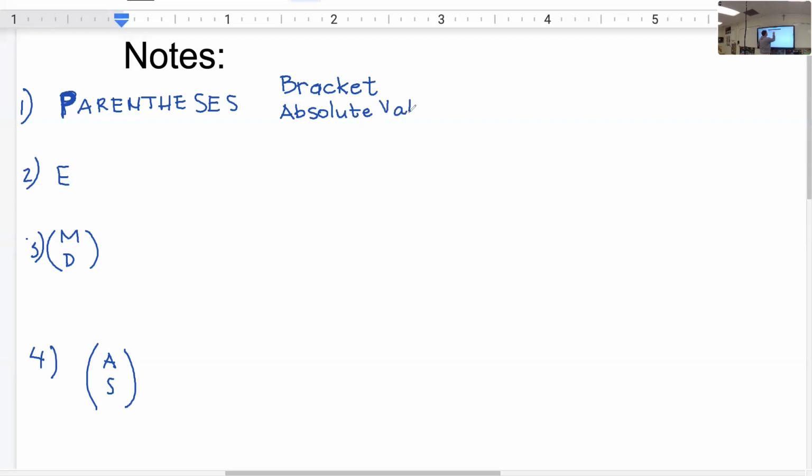Another thing that it could be is a numerator, and we'll talk about this when we get to some of the examples. So it could be a numerator or a denominator. So all of these fit in here. So you have brackets, you have parentheses, you have absolute value, you have numerator and denominator.